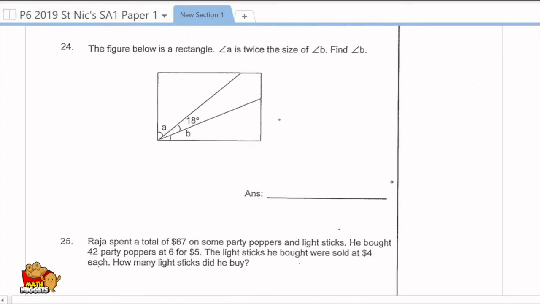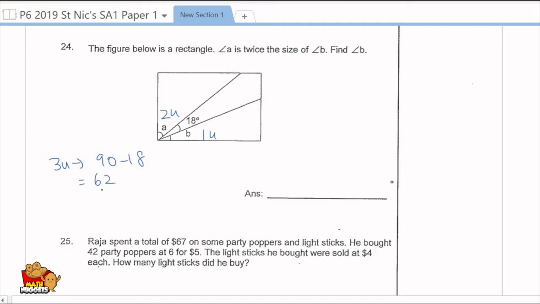We know that angle A is twice the size of angle B, which means angle A is actually 2 units, B is 1 unit. So this is a rectangle, which means over here would be 90 degrees. So A plus B plus 18 degrees will be 90 degrees. So A plus B, which is 3 units would be 90 degrees. We take away the 18 over there.